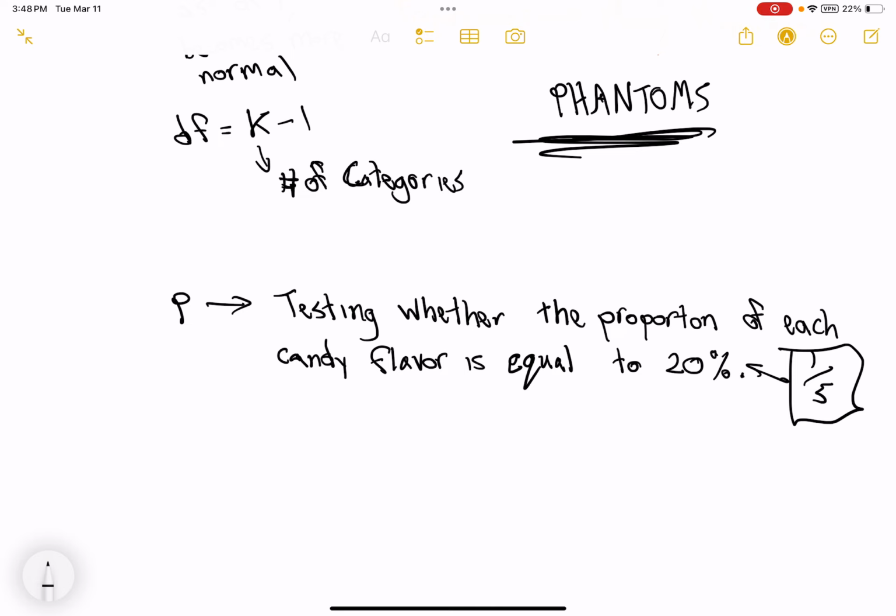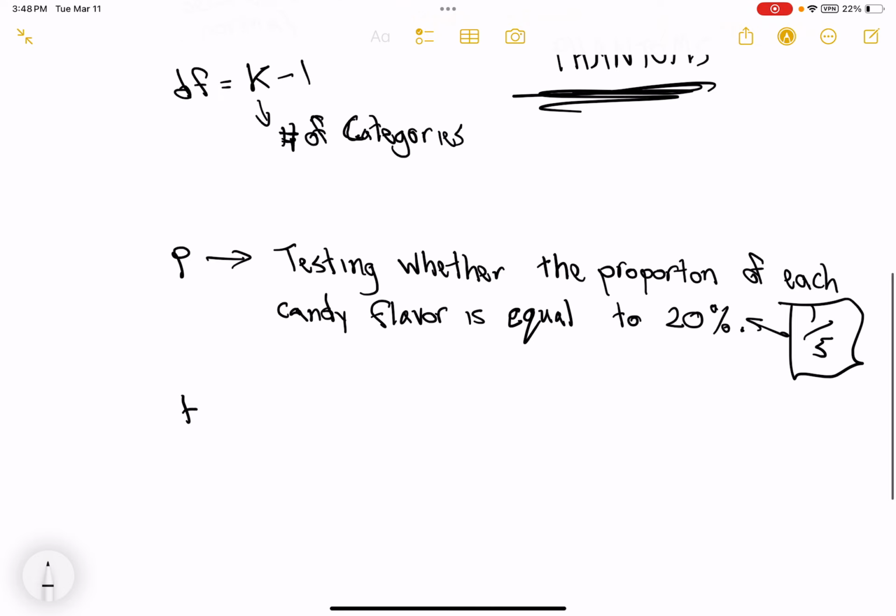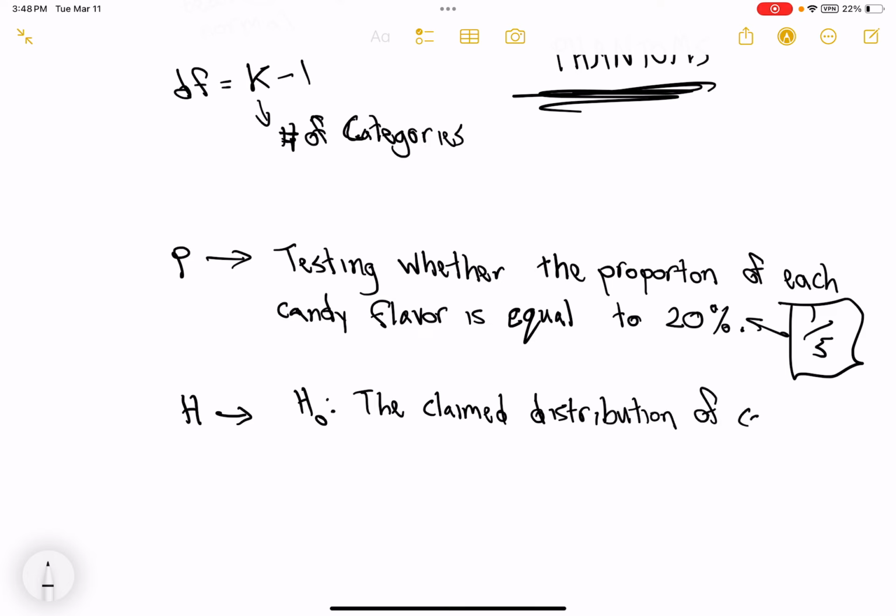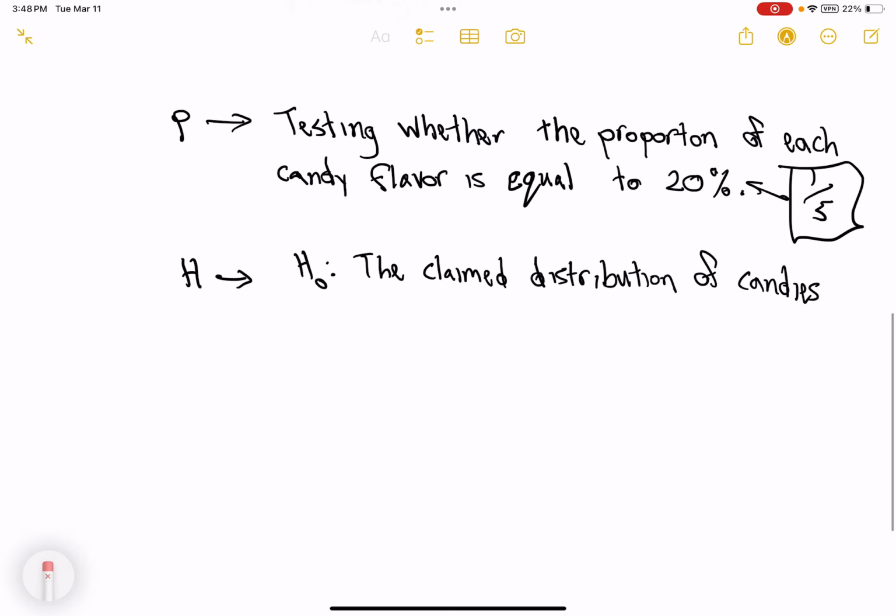That's our interest here. And so when we move on to our hypothesis, the way we would state it is our null hypothesis. You could say this several different ways, right? But one of the ways to say it is just the claimed distribution, and this is where you can put context, of candies or of candy flavors is correct.